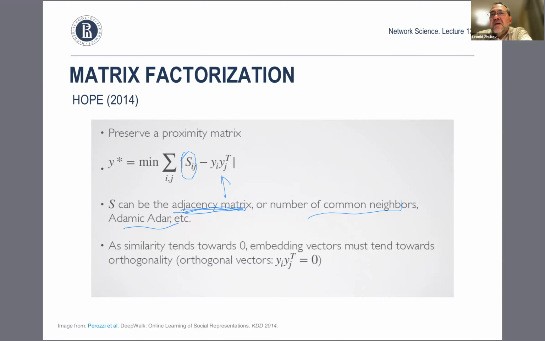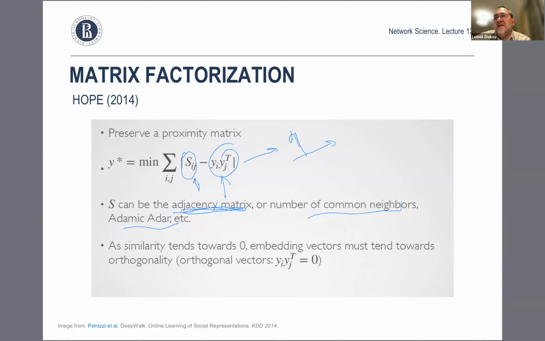If our nodes are not similar, and this value is small, then this product is small, and that means that the vectors in the embedding space are orthogonal.